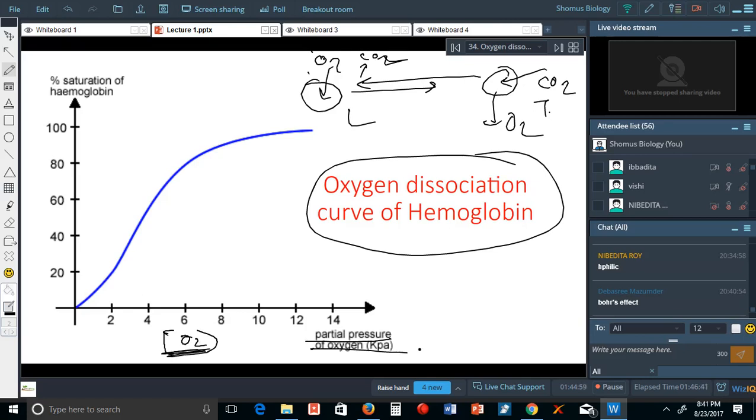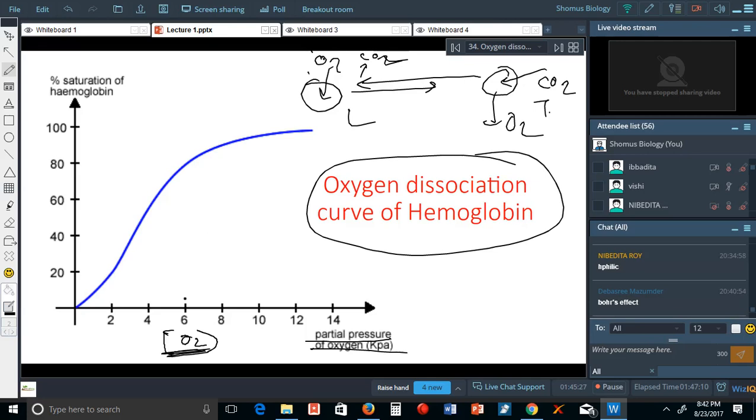If the partial pressure of oxygen is high, the hemoglobin will bind to the oxygen better. And if the partial pressure of oxygen is low, the association will also be low. So the higher the partial pressure, the faster the association.